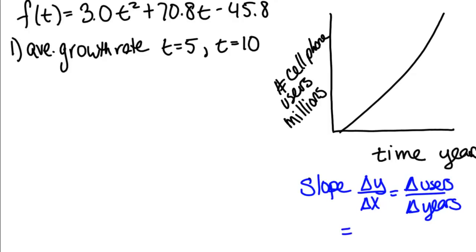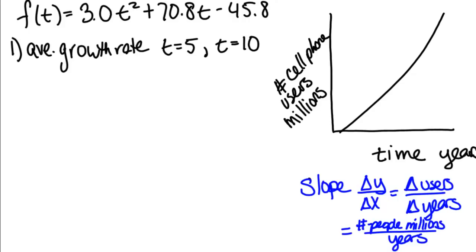So this gives us a number of people in millions over years. So this is a growth rate. This is the rate of change of people in millions per year of the growth of cell phones.